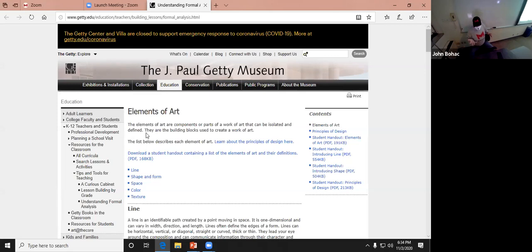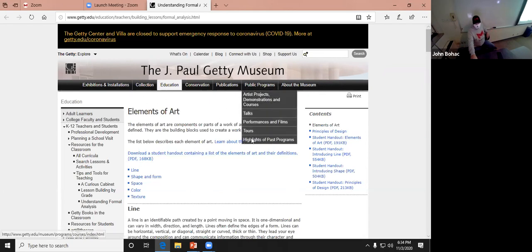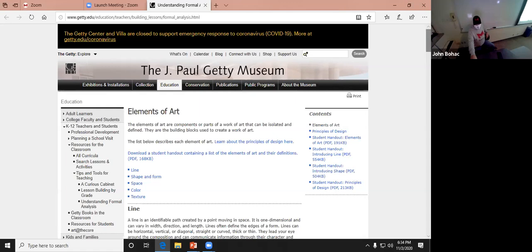All of those things that we talked about with Christ, blessing, those were all symbols. But this is actually much more basic. And I have the elements of art right there, and you can get all over the place on this website. But the elements of art: line, shape, and form, space, color, and texture.